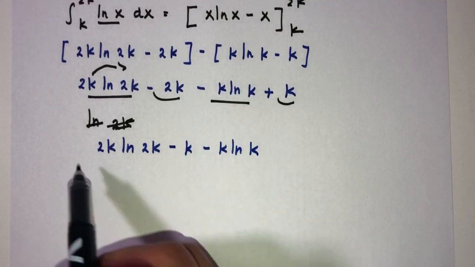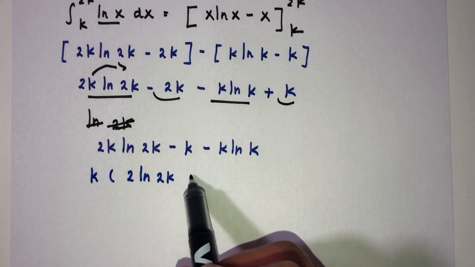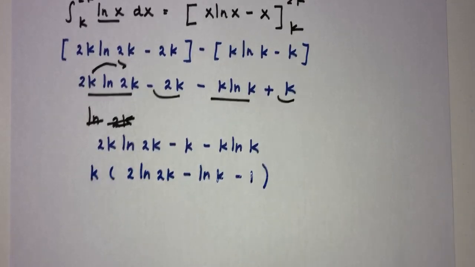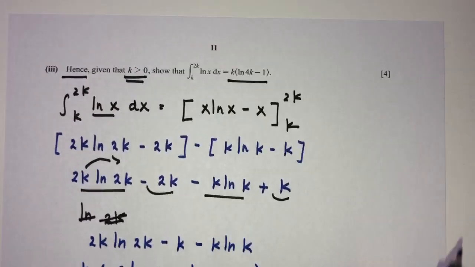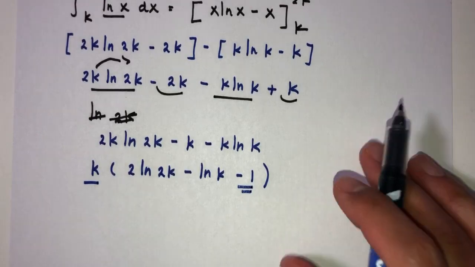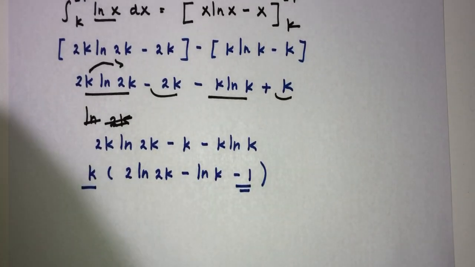Now we can factorize k outside. You will have k outside. You have 2 ln of 2k minus ln of k and minus 1. Okay, so now we have k outside as we need k outside. That's a good thing. And now we have minus 1, and here we have minus 1. That's a good thing.